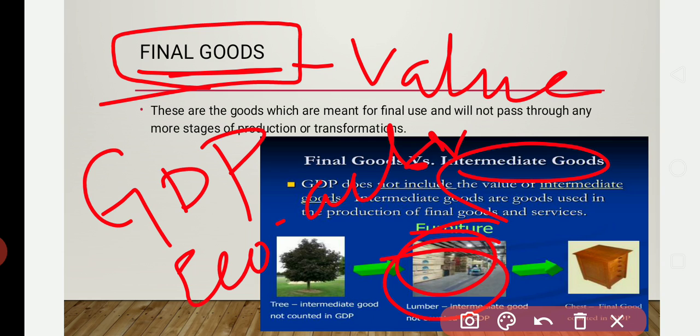At home, it becomes a final good when we buy sugar. But if the same sugar is purchased by hotels, in the hotel they convert it into other dishes, and those dishes are put up for sale. Sugar purchased by the hotelier becomes an intermediate good.